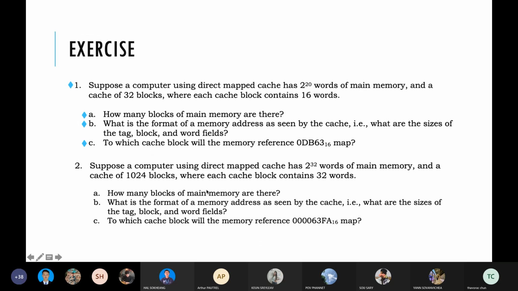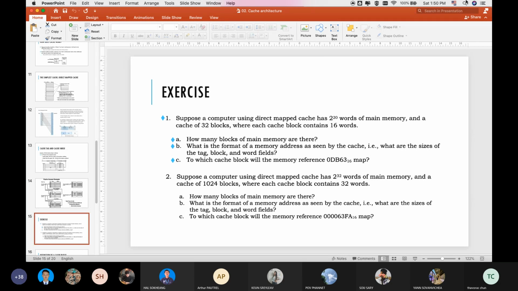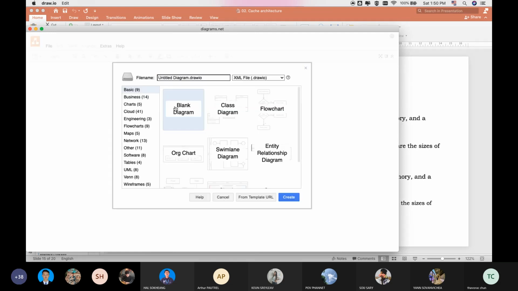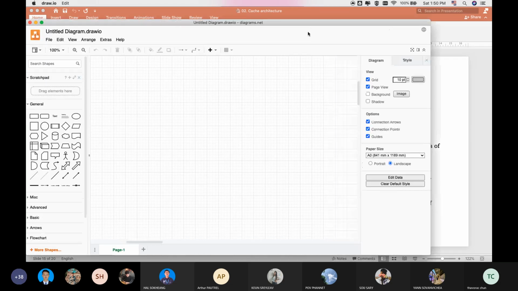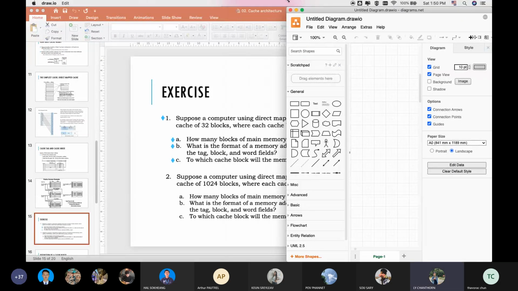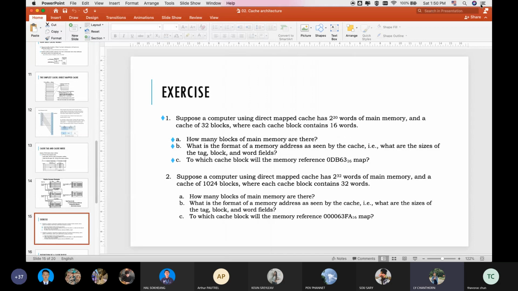So let's do some exercise to understand the schema that we talked about in the previous slide. All right, so we will do this exercise. I will use draw.io to draw it out.